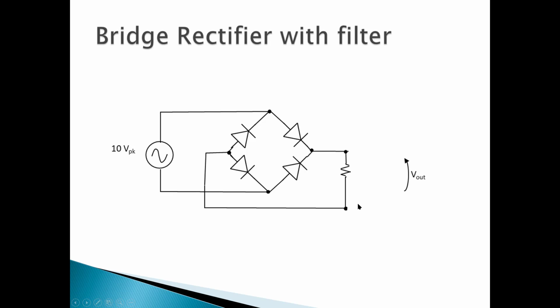So this is the actual circuit that the bridge rectifier is talking about. And it's a bridge because, by connecting this like this, the resistor is basically just running from this node over to this point. It leaps across this diamond pattern. That's where the name bridge comes from.